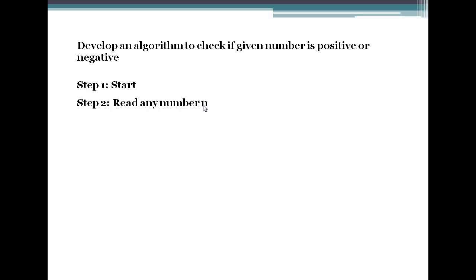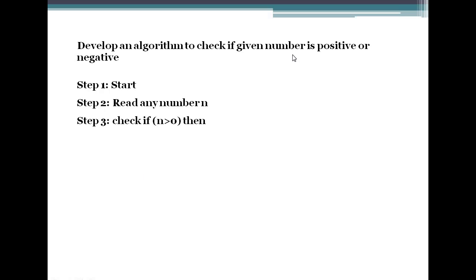Suppose we take n as any number, and we store it as, for example, 5. Now see how we are going to use branching algorithms a little differently. Step 3, check if n is greater than 0. How are we going to check if a given number is positive or negative? A number is positive when it is greater than 0 and negative when it is less than 0.